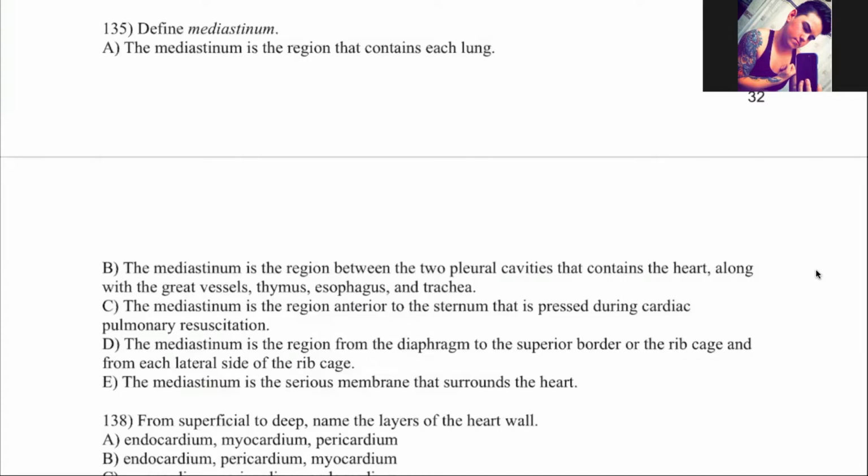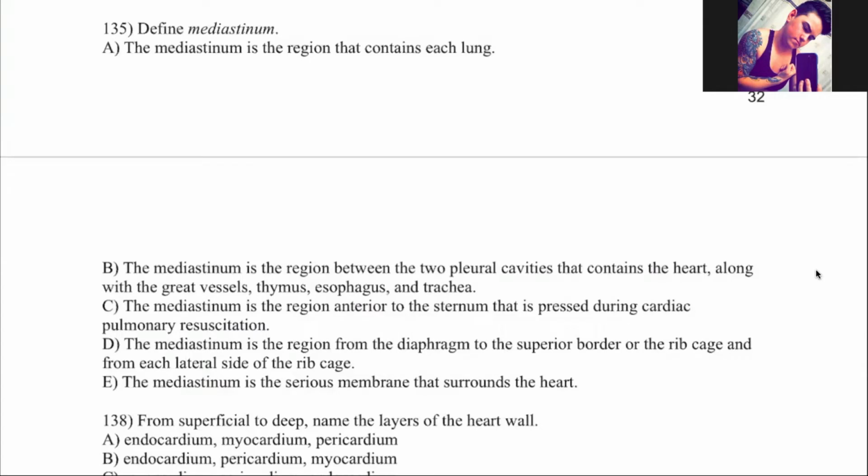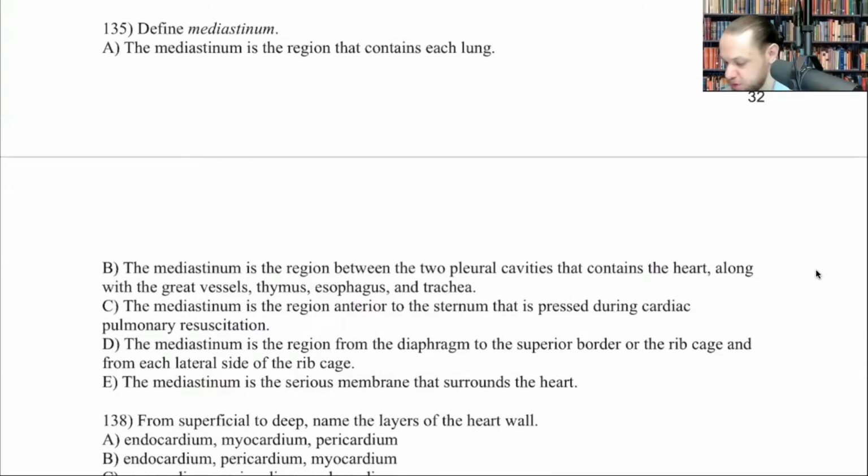C. The mediastinum is the region anterior to the sternum during cardiopulmonary resuscitation. Oh wait, sorry, I read that wrong. So for this question, the correct answer is B, right?